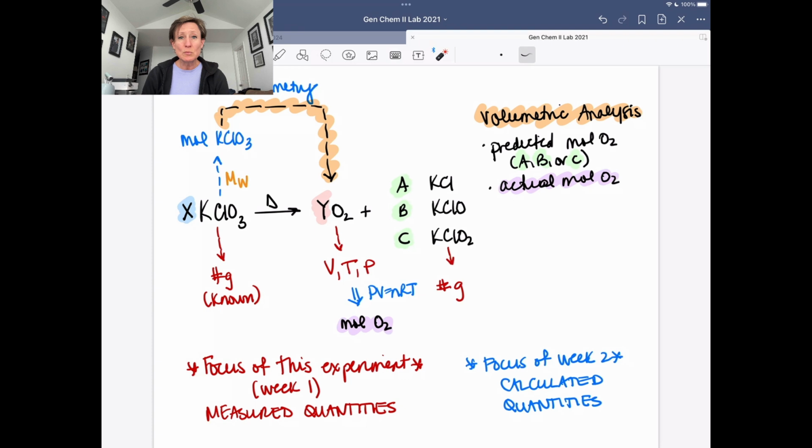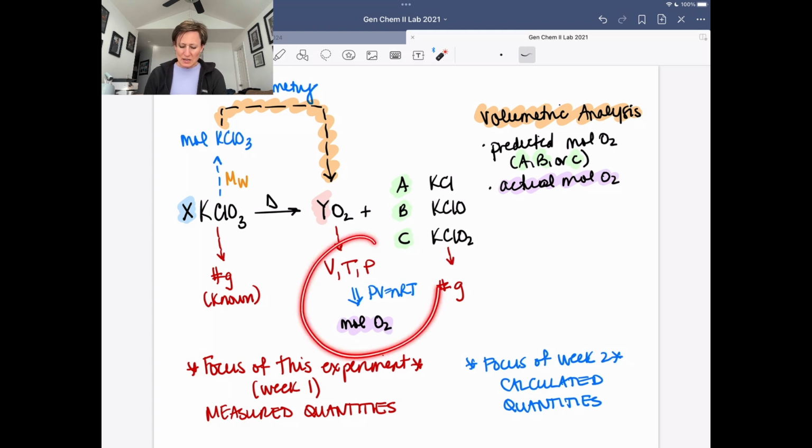Now, this might make a little bit more sense when we talk about calculations, because I have X, Y, and then different possible options here, because the stoichiometry, the values of these coefficients are going to be different depending on which potassium salt that we make. So again, stoichiometry can allow us to determine a predicted number of moles of oxygen that we're going to generate.